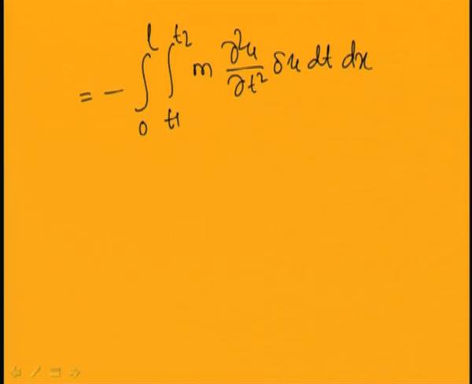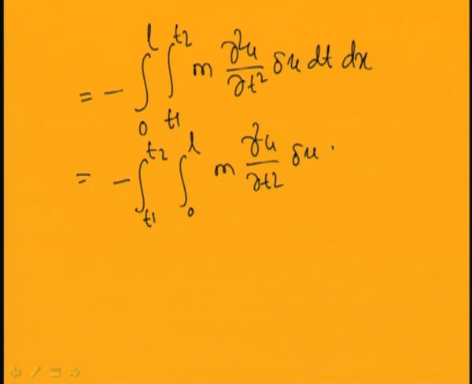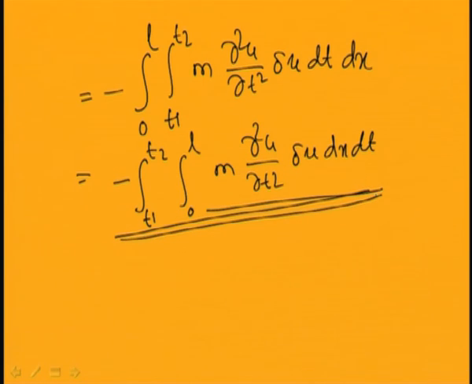So I can interchange now and write it this way: T1 to T2 minus 0 to L m del square u by del T square into del u dx dt. So this is the term obtained after the integration by parts of the first term.